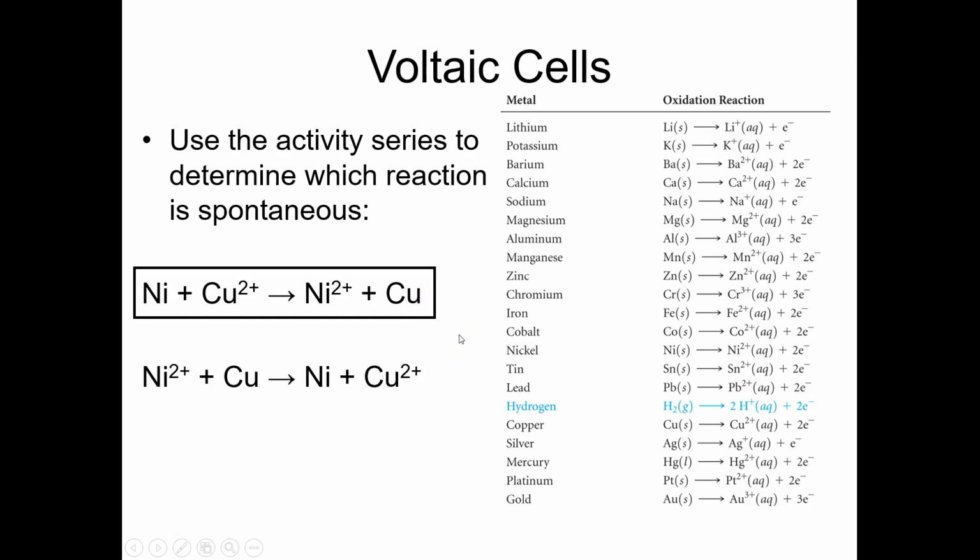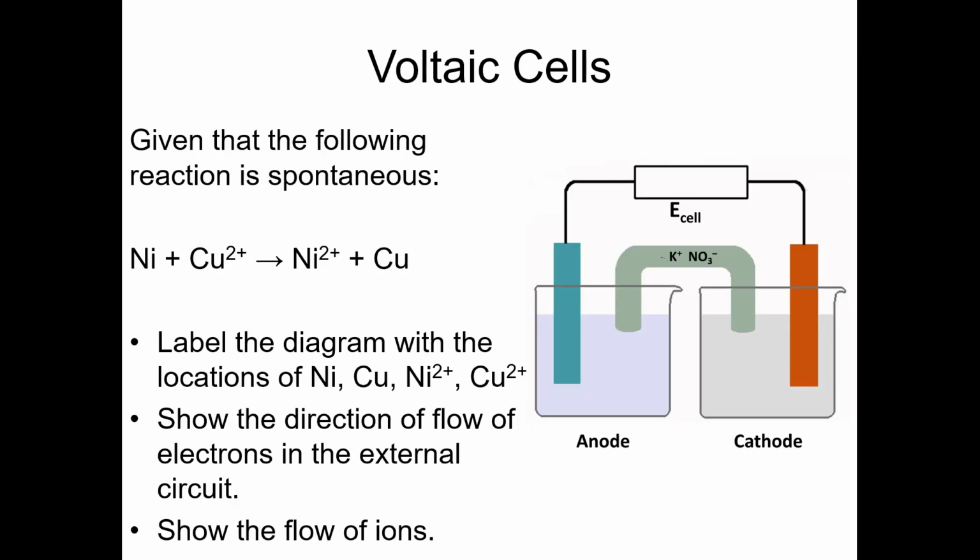And so this is the spontaneous reaction. Well, from there, let's go on and see what we can do in terms of an electrochemical cell. Given that we have decided that this is the spontaneous reaction, that nickel reacts with copper 2 to give nickel 2 plus copper 0, go ahead and take this diagram and label it with the locations of these four species: the nickel metal, that is the nickel electrode, the copper electrode, the nickel ions in solution and the copper ions in solution.